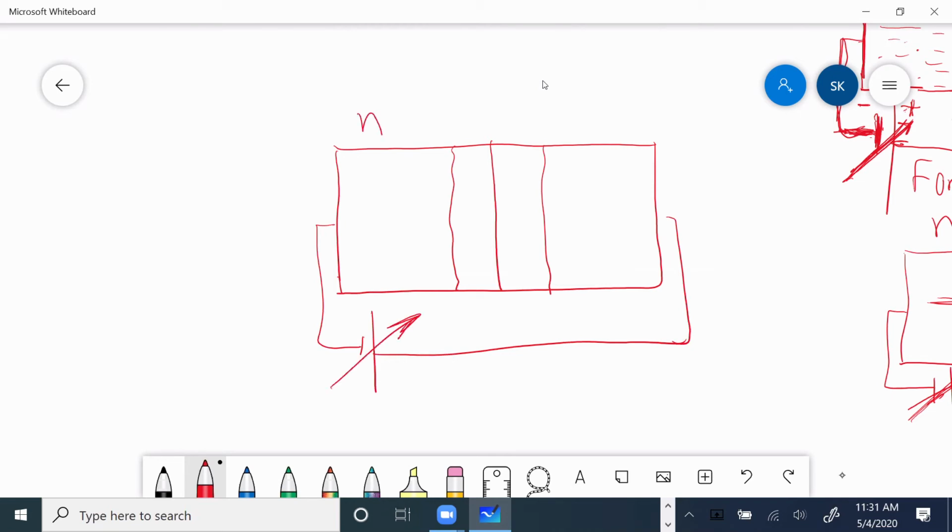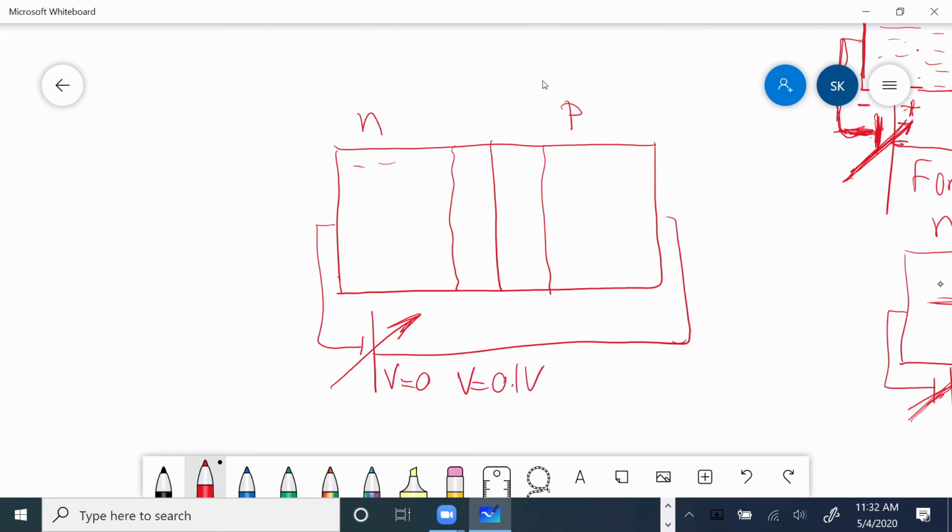This is N, this is P, and at the moment the voltage is 0. So N-type, P-type, depletion region. So far, so good. Now I'm going to apply V equal to 0.1 volt.